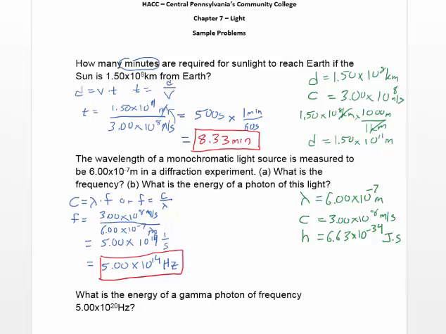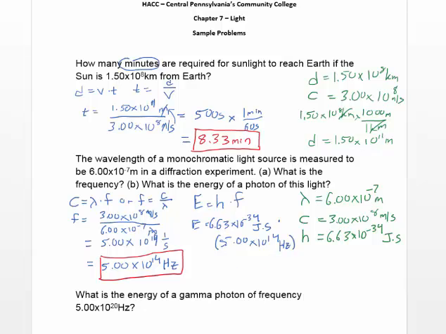For the second part, we want to find the energy. Now, if we remember, Planck's equation said that energy equals h times the frequency. We've just found the frequency, so we can now use this to find the energy, which is equal to 6.63 times 10 to the negative 34th joule seconds times the frequency that we just determined, 5.00 times 10 to the 14th hertz.